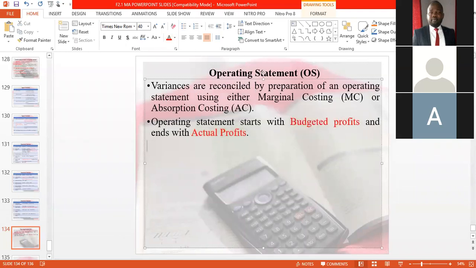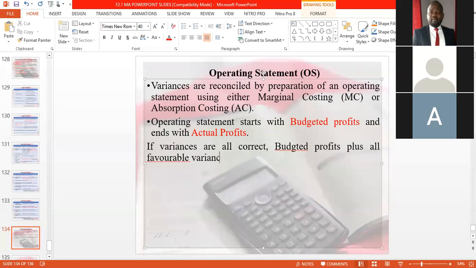So if variances are all correct, budgeted profits plus all favorable variances, minus all adverse variances, will be equal to actual profits.